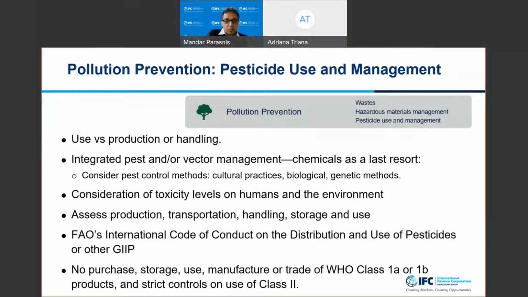Follow international codes such as FAO's International Code of Conduct on the Distribution and Use of Pesticides and other GIIP. And as I was mentioning earlier, there's a clear requirement that there should be no purchase, storage, use, manufacture, and trade of WHO Class 1A or 1B, and very strict controls on use of Class 2 pesticides, Class 2 products.